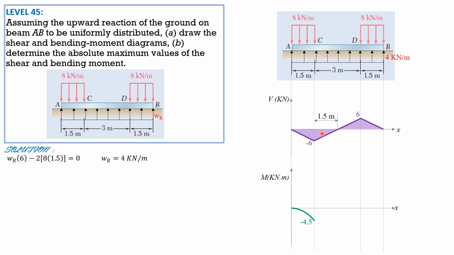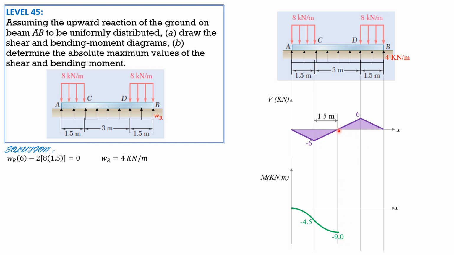The area is negative 4.5 again. So concave up, decreasing slope, like that. Why? Because the slope here is negative 6 and the slope here is horizontal. So negative 4.5 plus negative 4.5 area is negative 9.